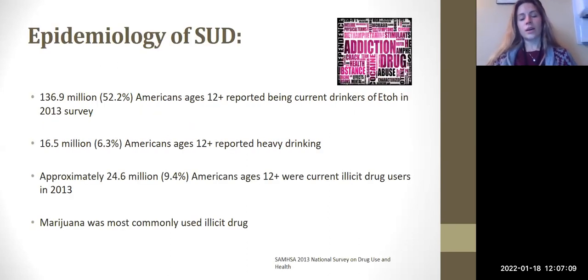I know we do a lot of this kind of statistics in this group, so I won't belabor the points, but I want to tie in why it's important to discuss screening and assessment.